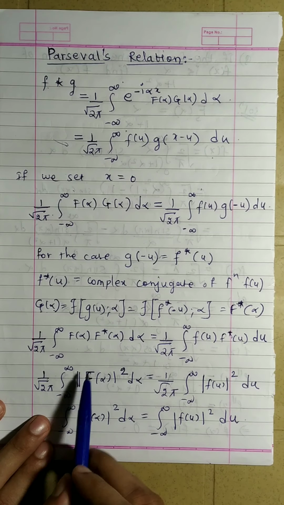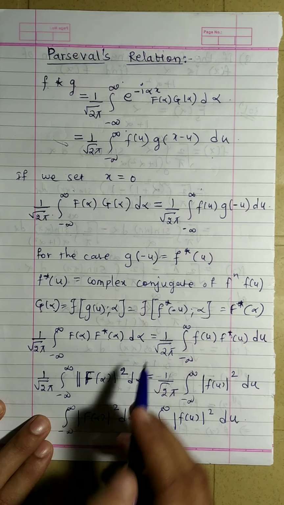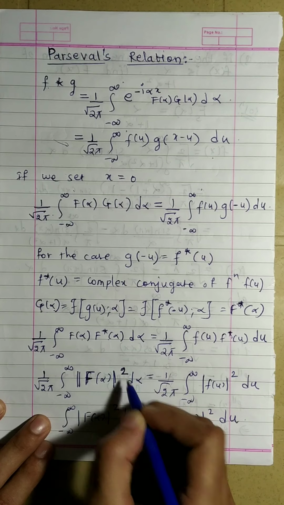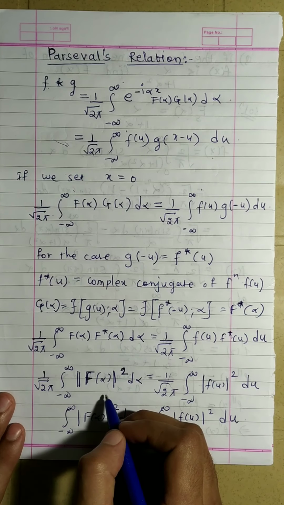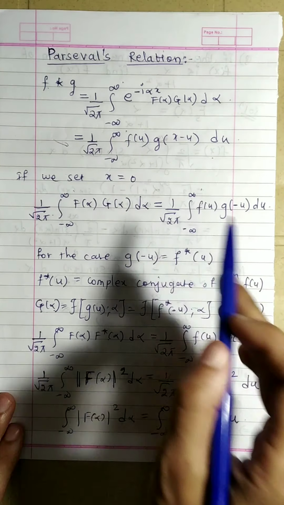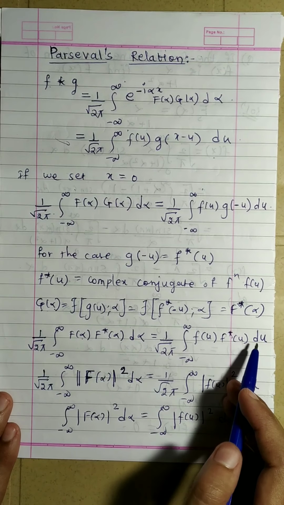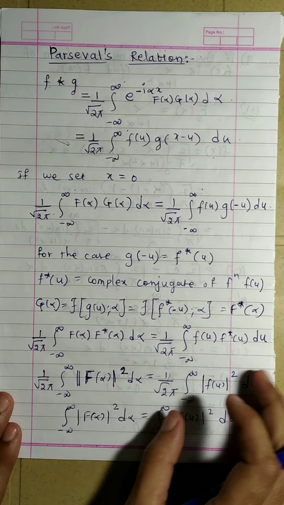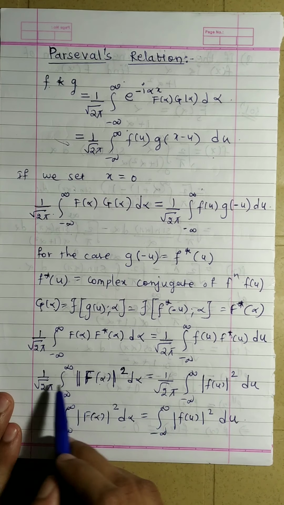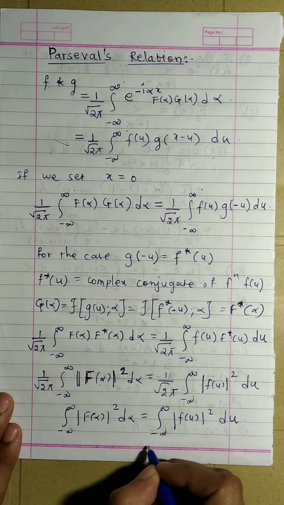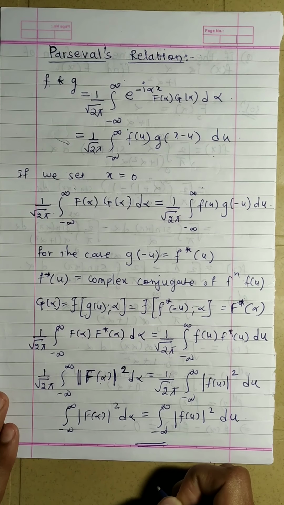Here I have written this into this as mod of this quantity the whole square. This is by using the property of complex numbers. What does it say? A number into its complex conjugate is equal to mod of that number the whole square. By using that, this and this get cancelled, and this relation is called Parseval's identity.